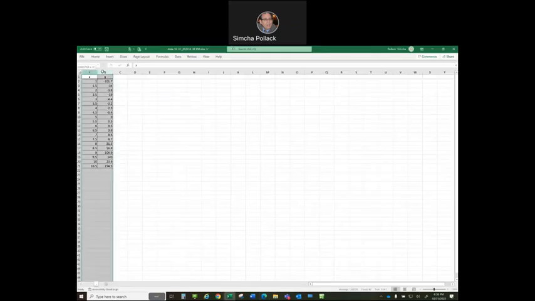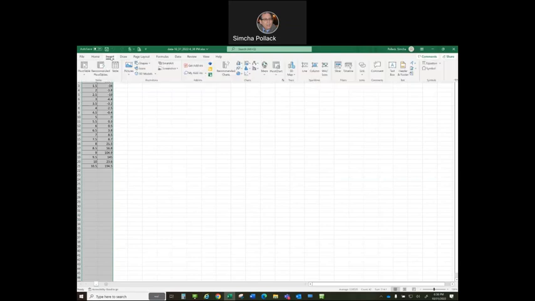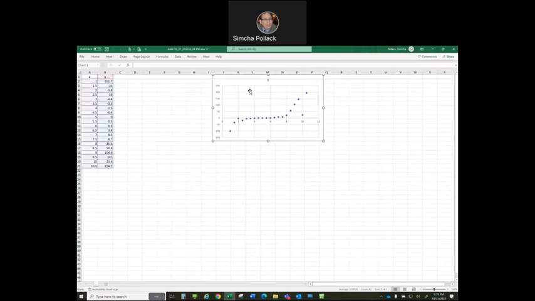Let's highlight these 2 columns of data. Let's insert a scattergram, an X and Y, I think the first one, the basic one. And it looks like a straight line would not really be a good fit to this data.